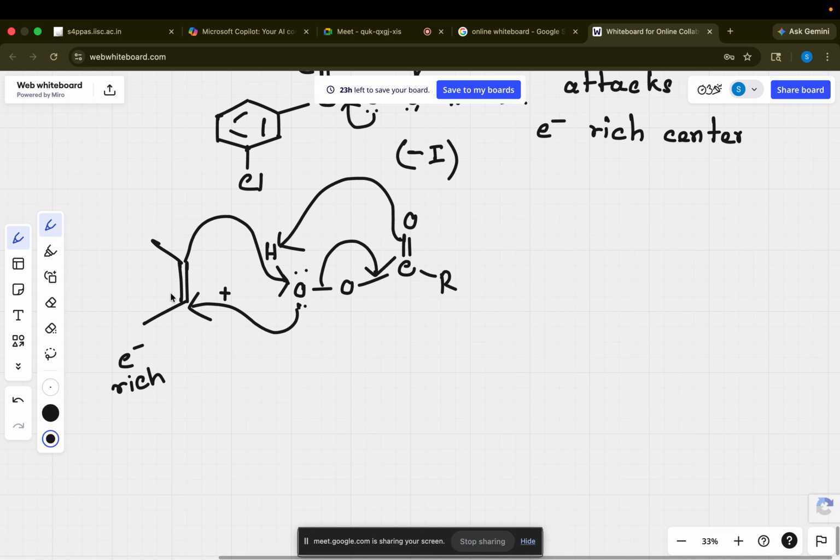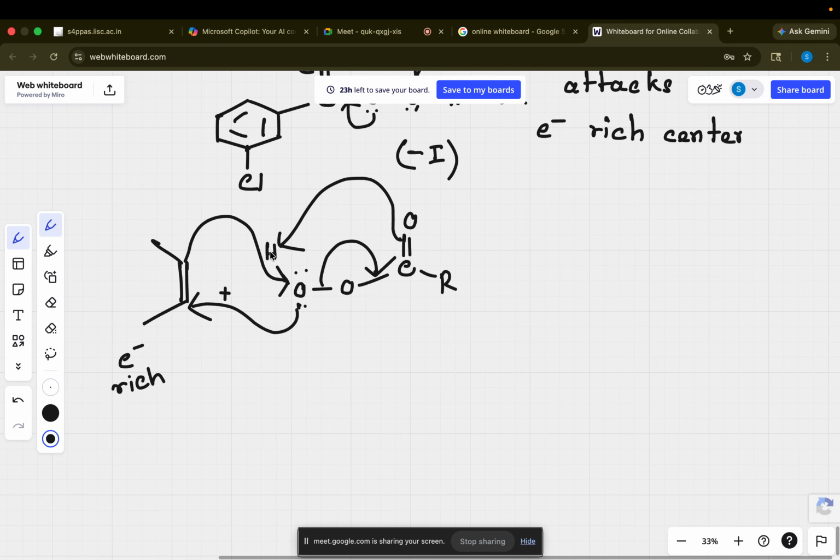First, this electron rich system attacks the electron deficient oxygen, and the peroxy bond breaks. When it breaks, this double bond also breaks because they are in conjugation, and it becomes O minus.